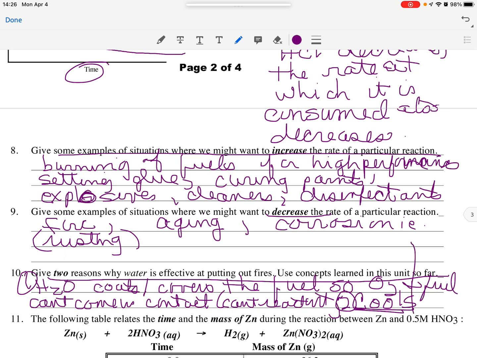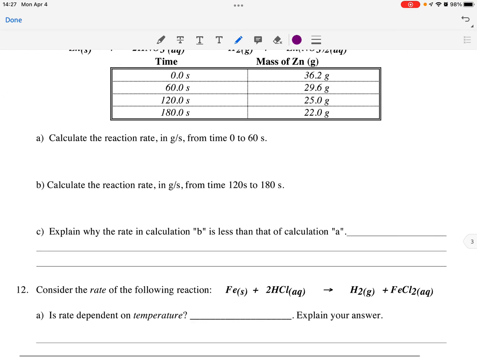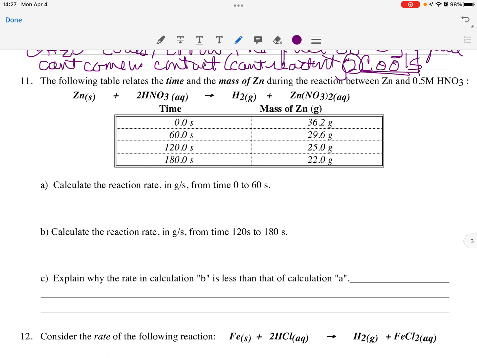Okay, what's next here? Number 12, I'm going to look at number 12 and just tell you a couple things. You're going to calculate the reaction rate here using change in mass divided by change in time.